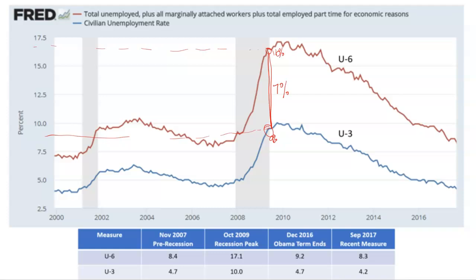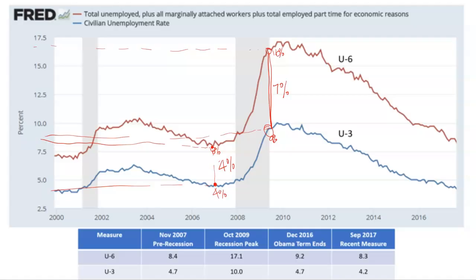Whereas if you pick an earlier point, maybe right here, say about 2007, we've got 8% at U6 and 4% for U3. So now we only have a 4% difference.